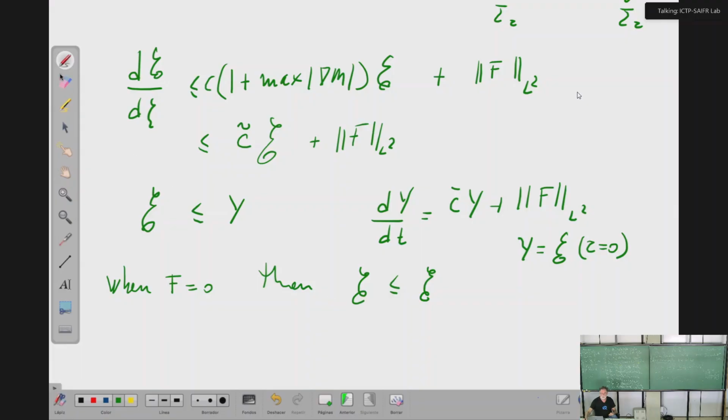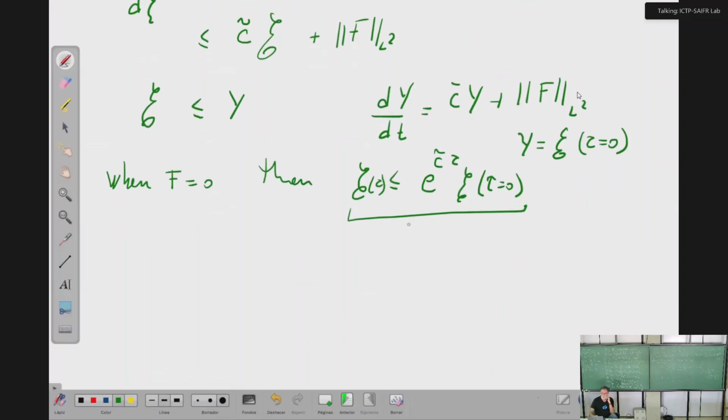So if this is not here, the solution to this is the exponential, so this is e to the c twiddle tau times the energy at tau equal to 0.